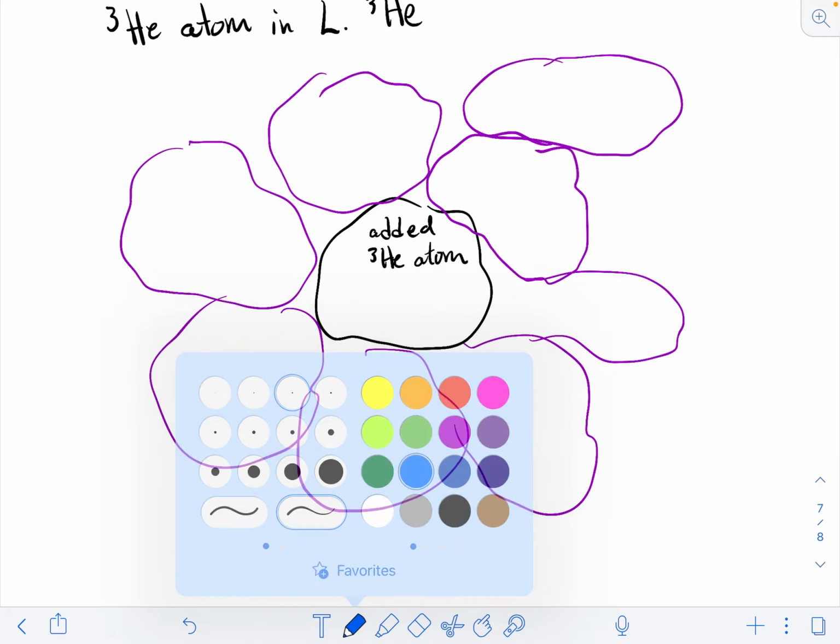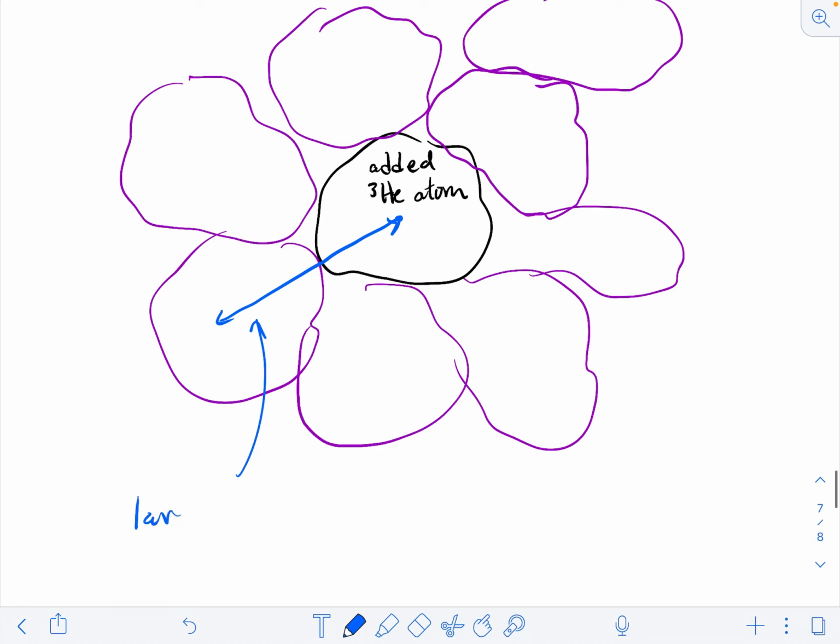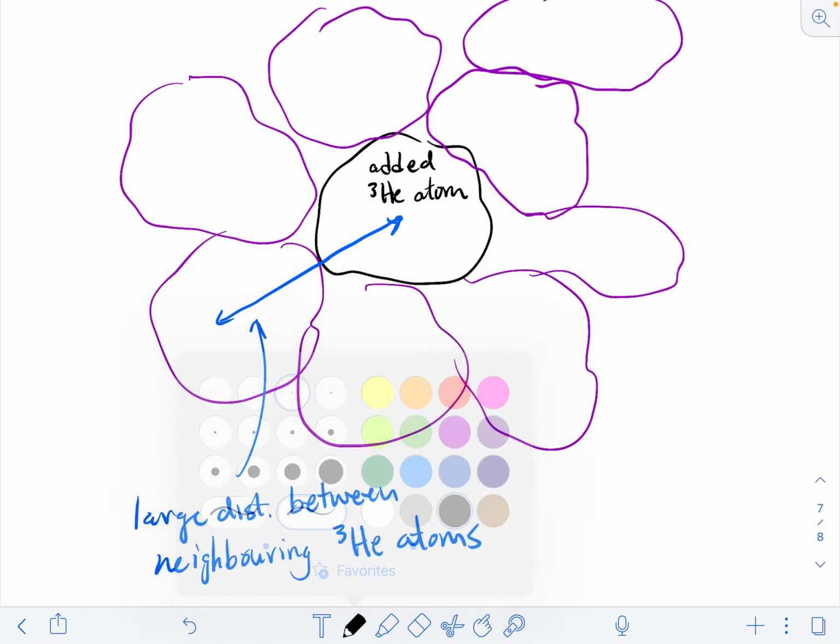And when we draw this distance, this is a relatively large distance between neighboring helium-3 atoms. Okay, and so really this is a quantum mechanical argument, because for the zero-point energy, we made the argument based on the Heisenberg uncertainty principle.